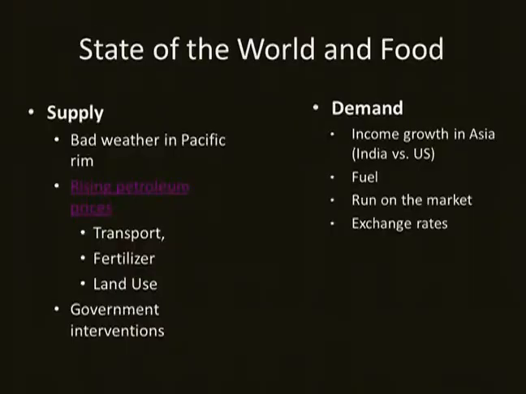Exchange rates can also have an influence on what happens to the price of food. As the U.S. dollar has weakened in some of this time period, what we saw was an increased demand for U.S. goods, and thus an increase in the price that U.S. consumers saw. The same can also be true in other countries, and exchange rates can be a complex story, but they can all contribute to increases or decreases in demand.